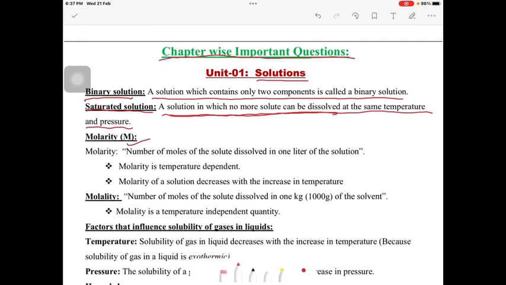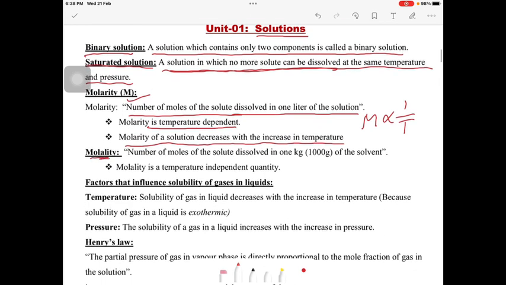Molarity. Define molarity, they will ask. Number of moles of the solute dissolved in 1 liter of the solution. Molarity is temperature dependent. Molarity of a solution decreases with increasing temperature. Molarity is inversely proportional to temperature. Molality: number of moles of solute dissolved in 1 kilogram of the solvent. Don't confuse.